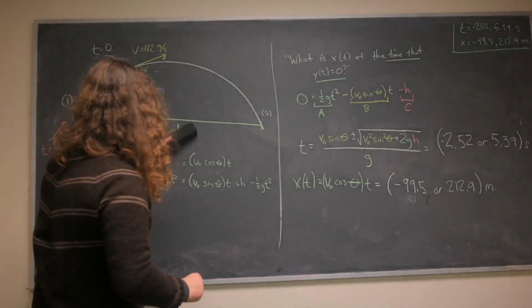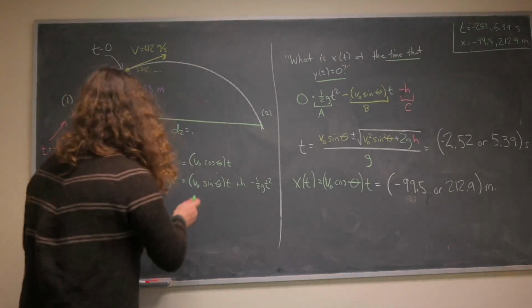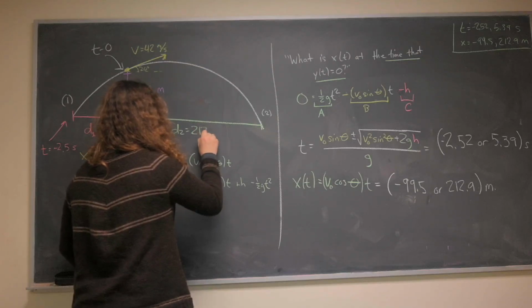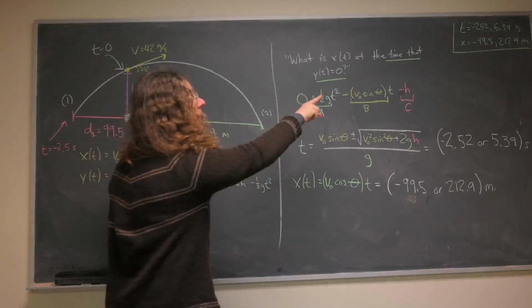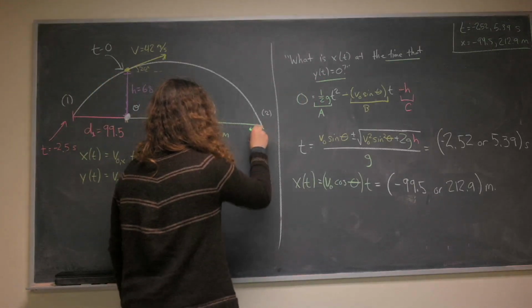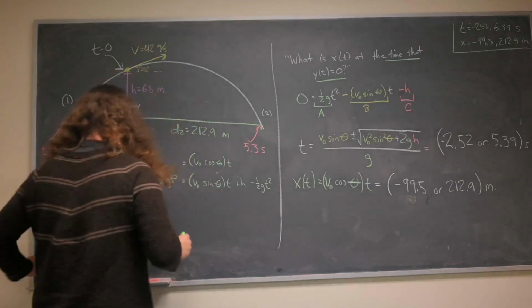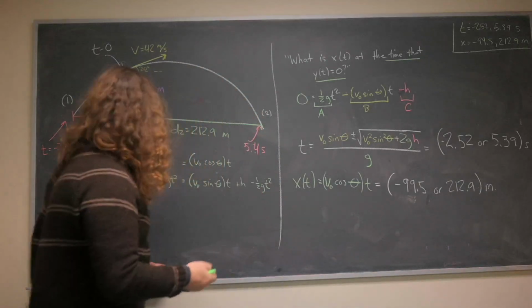And then d2, the distance where they will land, is 212.9 meters. And they'll land over here 5.3 seconds in the future. So 5.3 seconds, 5.4 if we're rounding. So I've answered the question.